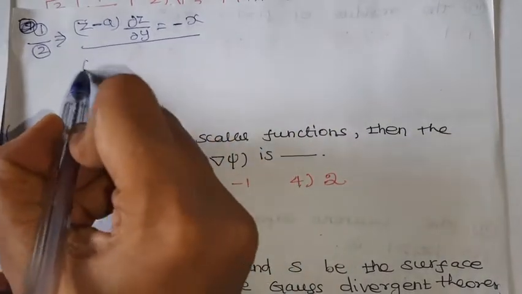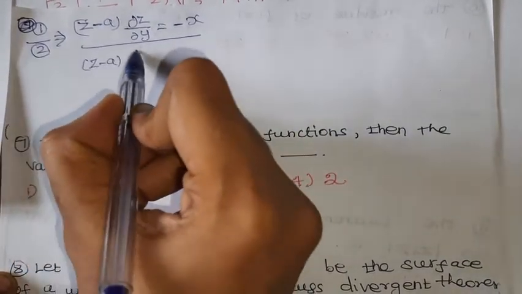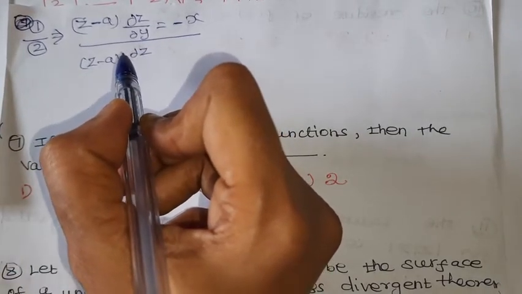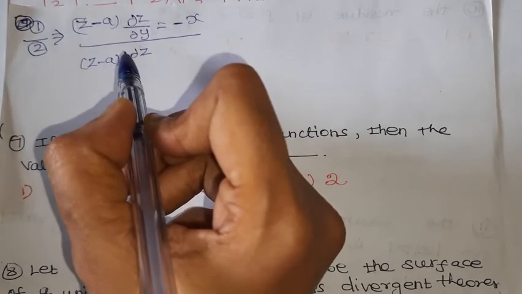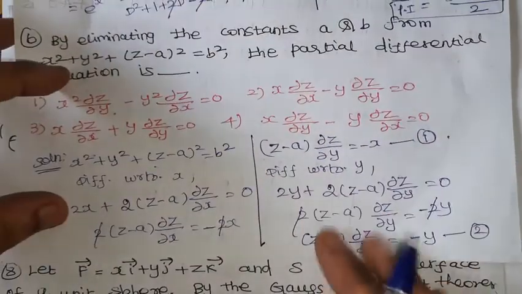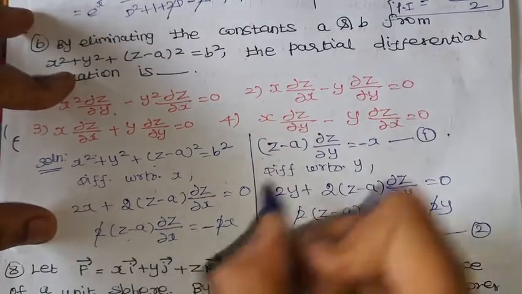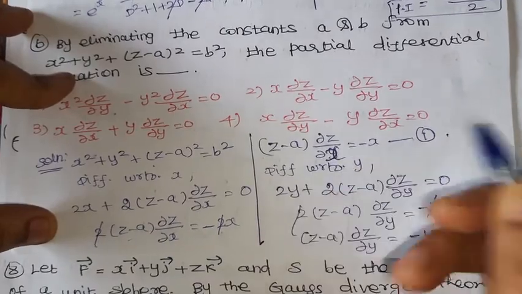Equation 1 divided by equation 2. I made a mistake, sorry guys. It is (z minus a) into dou z by dou x here.